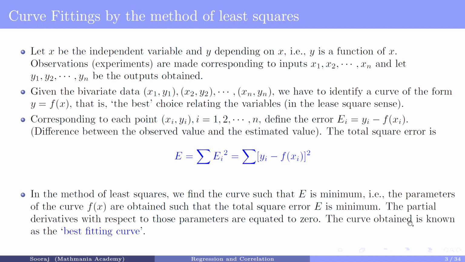To find this, the partial derivatives with respect to those parameters are equated to 0. In the function f some parameters would be present, so the partial derivatives of this error with respect to those parameters are equated to 0, by which we find a curve, and that is known as the best fitting curve.